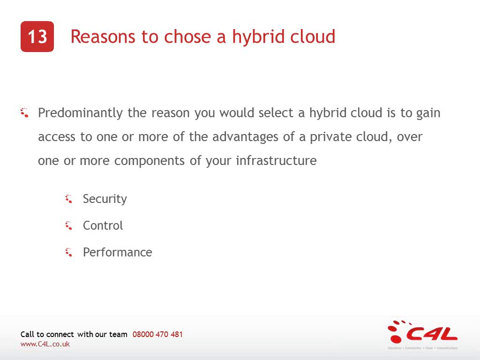You might look to take some resources for those databases as dedicated equipment purely to you to guarantee that I/O performance. It's not necessarily that the public cloud option wouldn't be appropriate for that. It's just that you need to guarantee that performance 24 hours a day, which you can do by having the dedicated equipment there. It may be the rest of your infrastructure is sitting in the public cloud model. That would be a good example of a hybrid cloud.